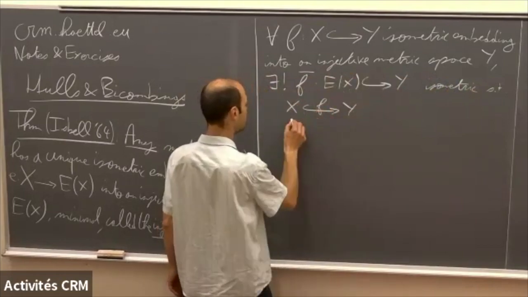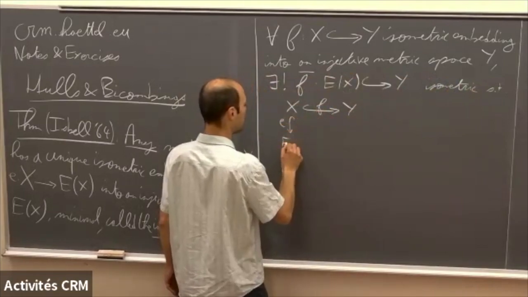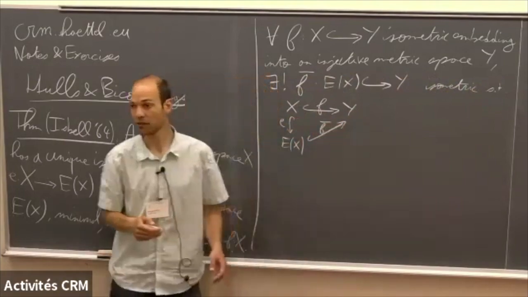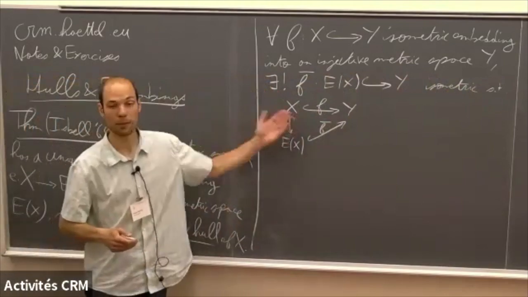Here I have f, here I have the embedding into the injective hull, and here I have f bar. So it's unique and minimal in this sense.